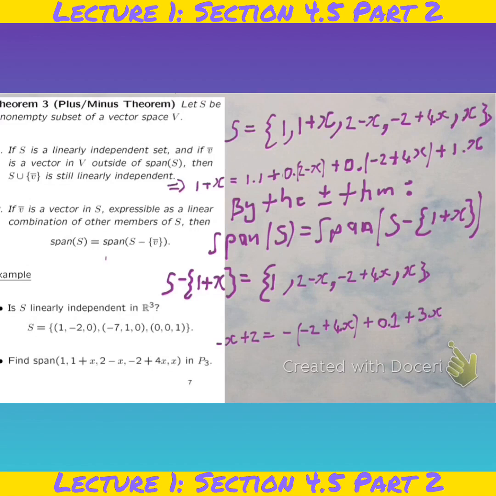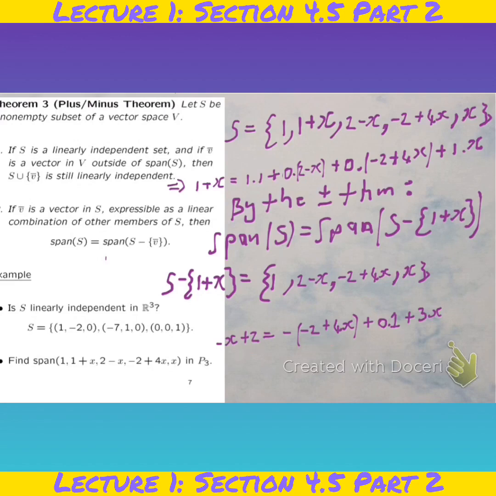The answer is yes. I can express this polynomial there as minus 1 times that function there, plus 0 times that function there, plus 3 times that function there. So this is a linear combination of that vector and that vector.